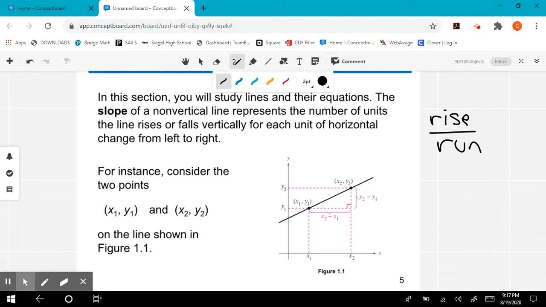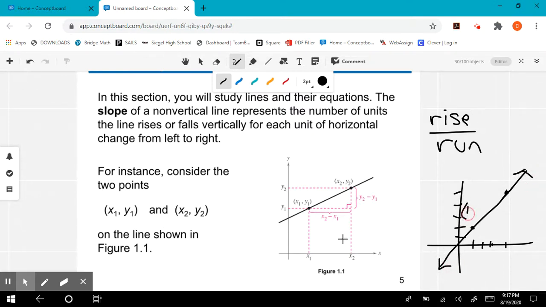But the more textbook definition here, if you look at this on a coordinate axis, and we've got generalized points. So one point we're going to call x1 and y1, the other we're going to call x2 and y2. If we were actually using actual points, let's say we had a point right here at 1, 2, and we had a point right here at 4, 5, and this is the line I'm looking at.